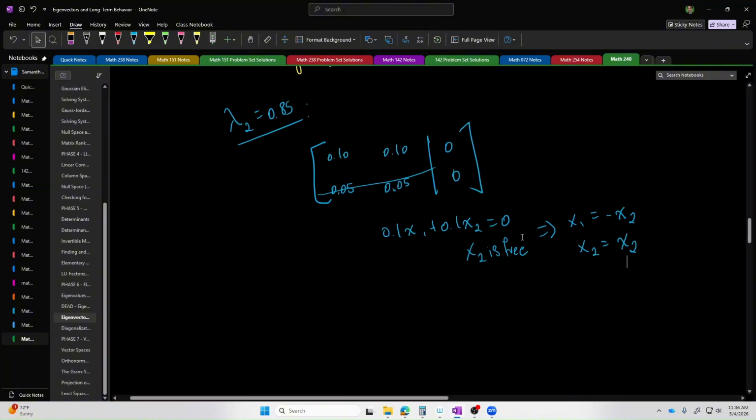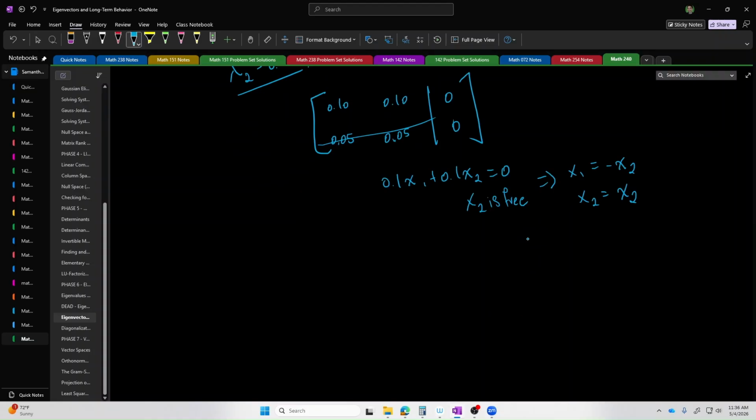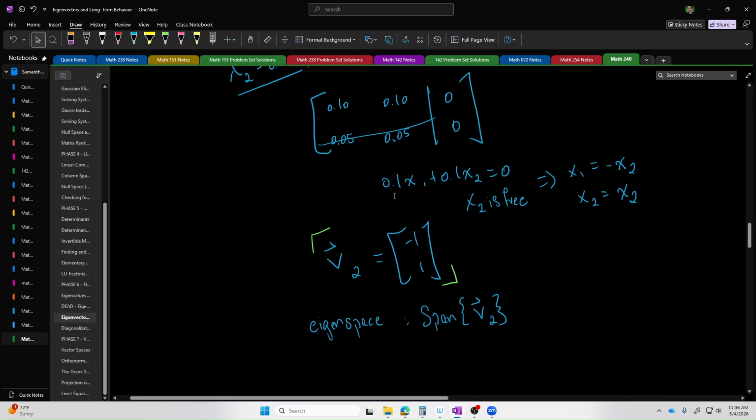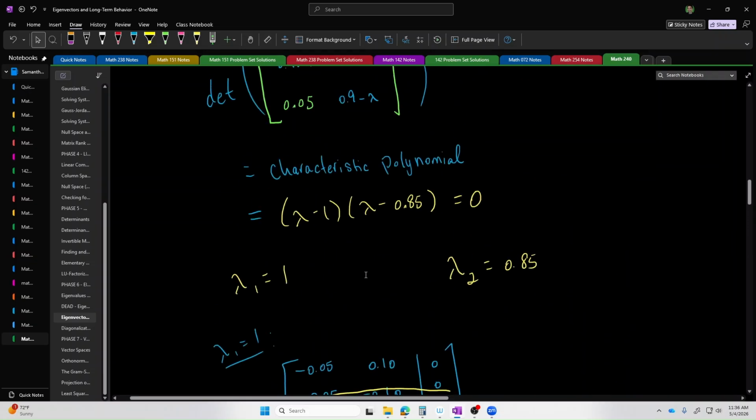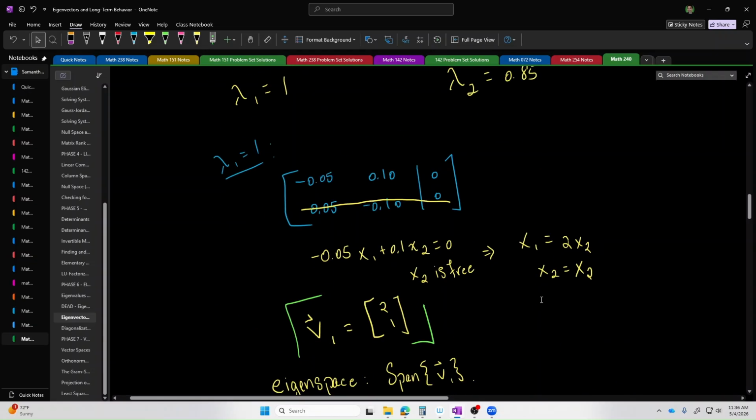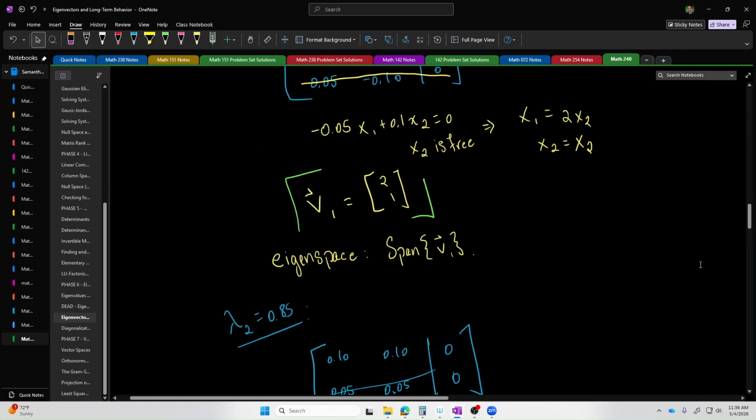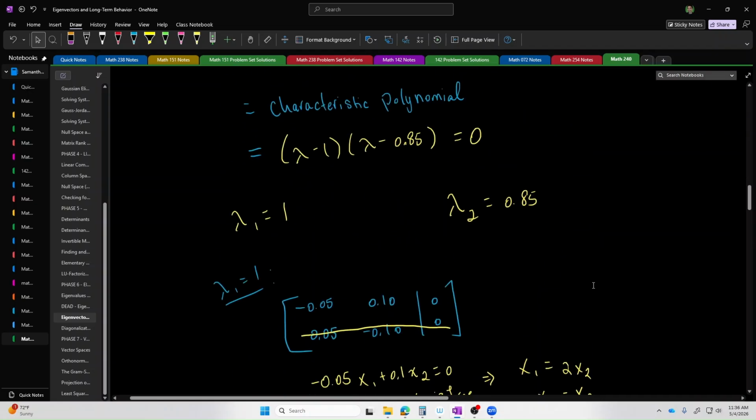So we get our second eigenvector: v2 is (-1, 1), which means the second eigenspace is everything spanned by that vector. But what I'm really focused on now is just this v2 itself. So we've now found the two eigenvalues of the matrix, and the two associated eigenvectors.